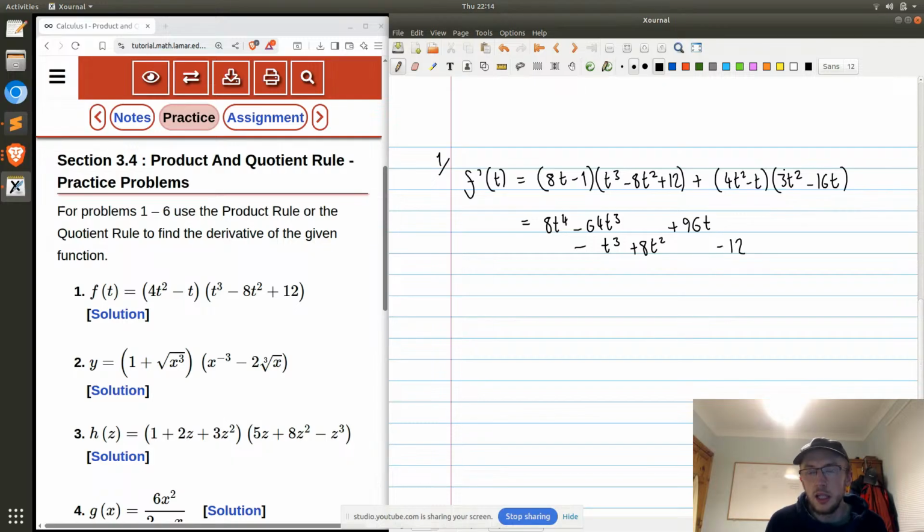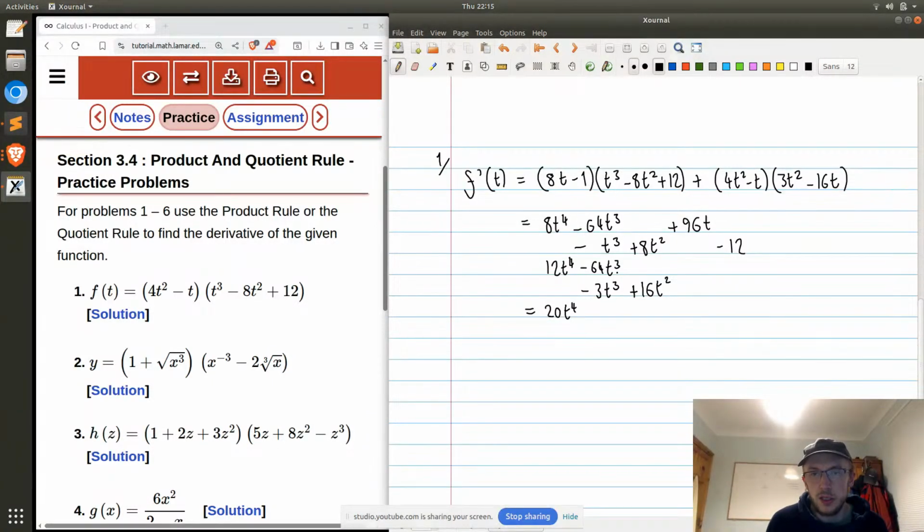Then over here, we get, upon doing 4t squared by that and that, we get 12t to the 4. Then minus 64t cubed. Then minus 3t cubed plus 16t squared. And now we add everything up. 20t to the 4.